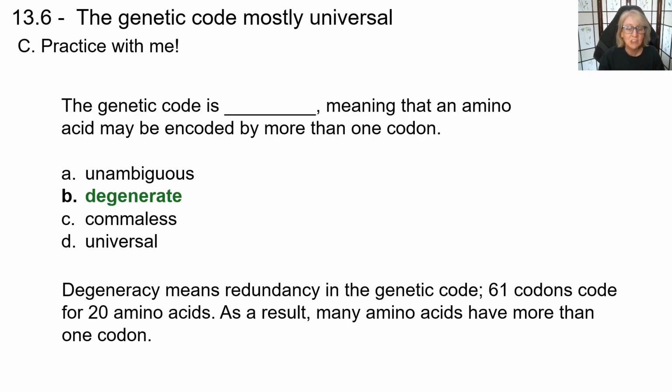Degenerate. Degenerate means redundancy. I wrote out my explanation here in case you're flipping through and saving the pictures. I will not put these in the one I give you to read through while you're watching the lecture, so you have a chance to answer the questions. Many amino acids are represented by more than one codon.